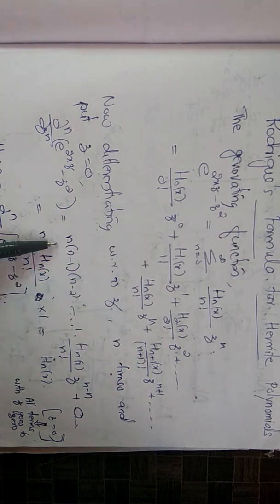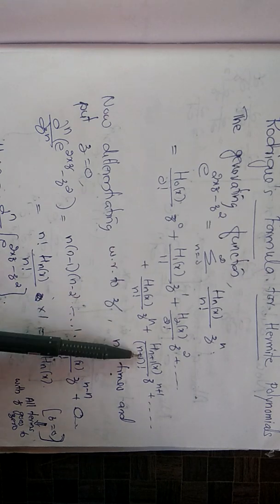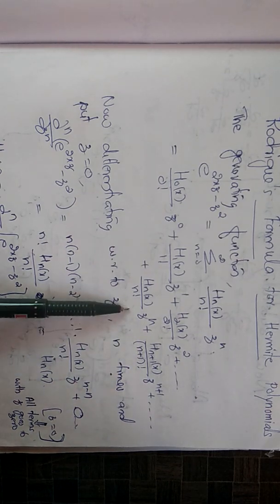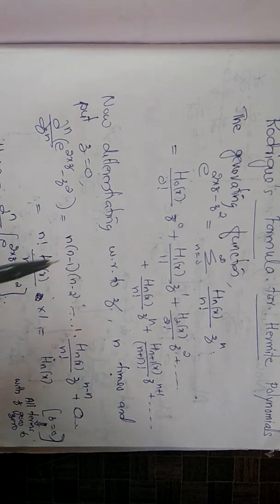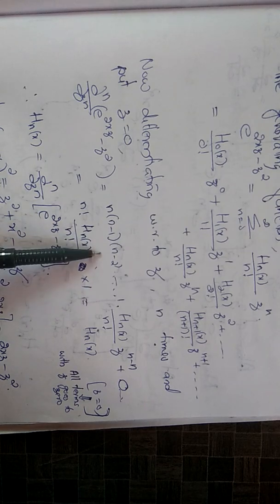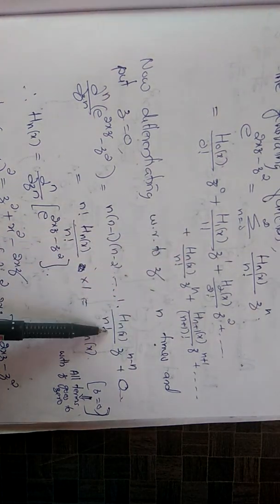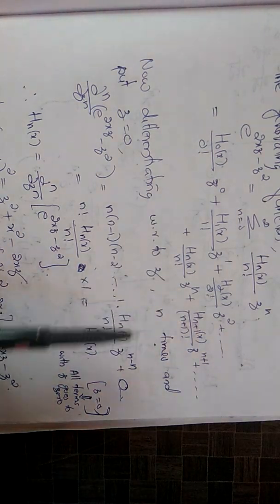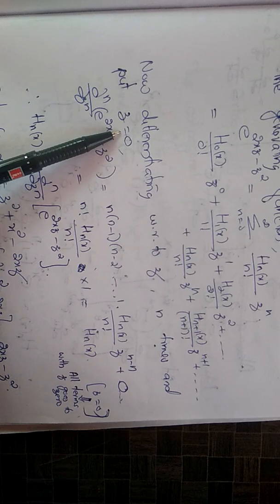The nth term will give you, first differential will give n into z raised to n minus 1, second differential will give n into n minus 1 z raised to n minus 2, and it will continue. Finally you will get n into n minus 1, n minus 2, etc. up to 1 into Hn(x) divided by n factorial z raised to n minus n, and the higher order terms will be 0 because we are putting z equal to 0.